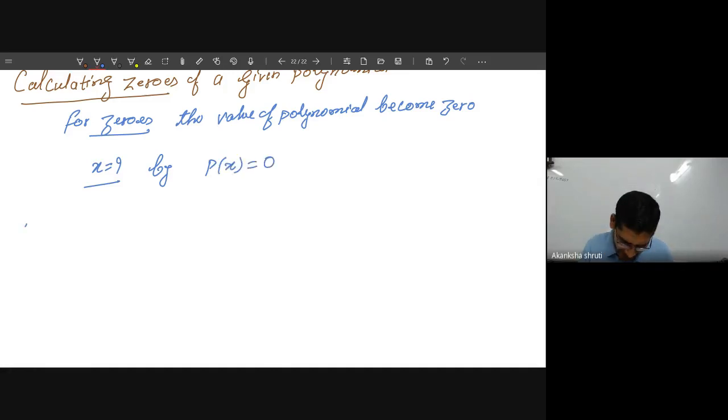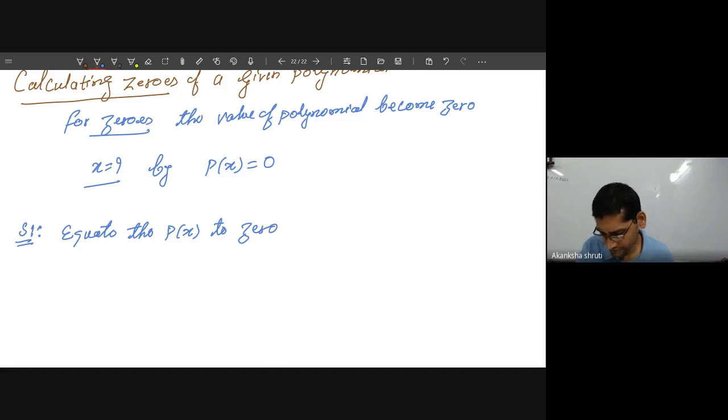So what are the steps? Step 1 is equate the px to 0. That is, whatever the px given, this you have to equate to 0. This you have to apply. Then you have to calculate the value of x.